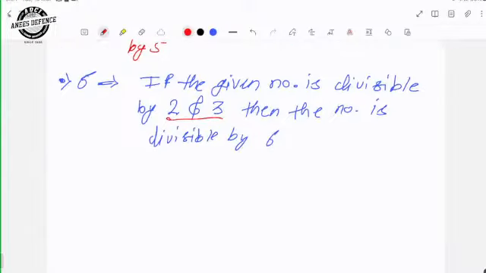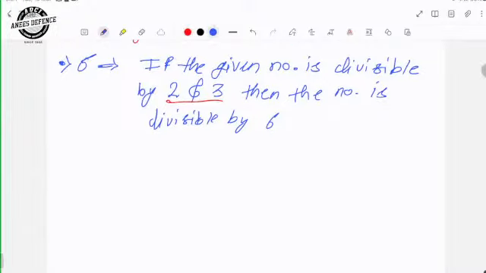Okay, next one is 7. But 7 is a prime number, and prime numbers have special cases. 2 and 3 are also prime numbers, but these are more commonly used primes, as you have many multiples of 3 and 2, or factors of 3 and 2.